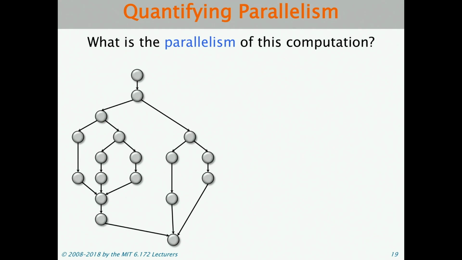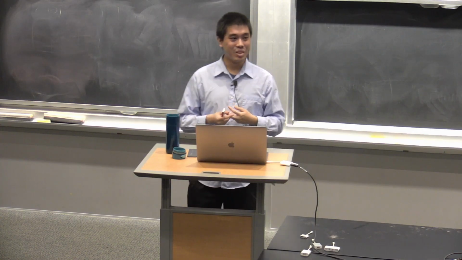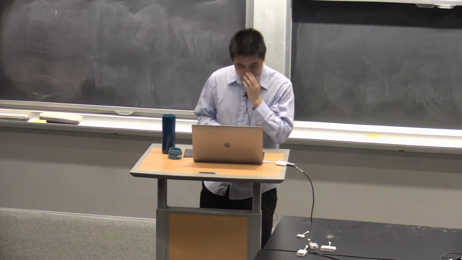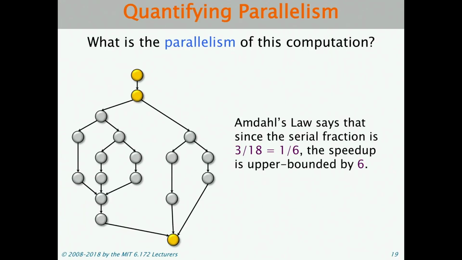Yes, 6. So it turns out to be less than 6. Turns out to be less than 4. You're getting close. 2. So it turns out to be more than 2. What's left? 3. Okay. So 3 of these nodes have to be executed sequentially.